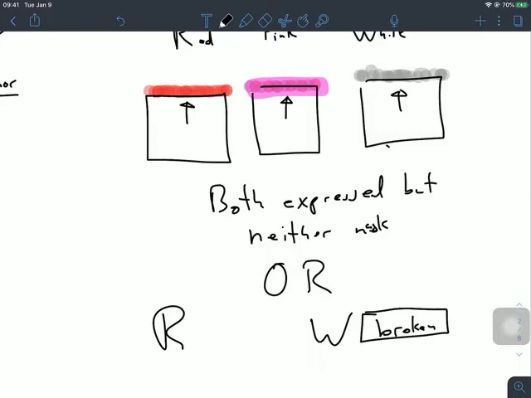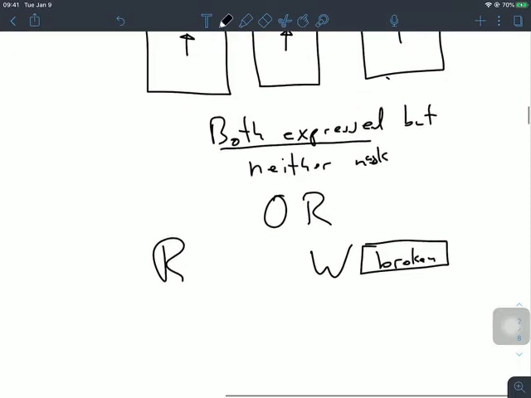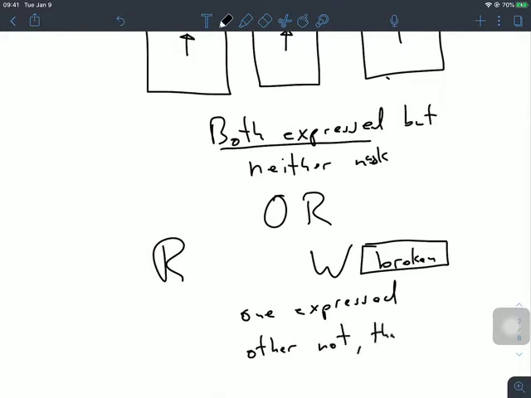Your cell won't make more red to take the place of the white if it's not there. It makes, let's say it makes 10 red and 10 white off of each copy of the allele on each of the chromosomes. And therefore, the heterozygote individual will look less red than a homozygous red individual and will therefore look pinkish potentially. So you can get pink either by both expressed and neither masking, or one expressed, other not. Therefore, not masked either.